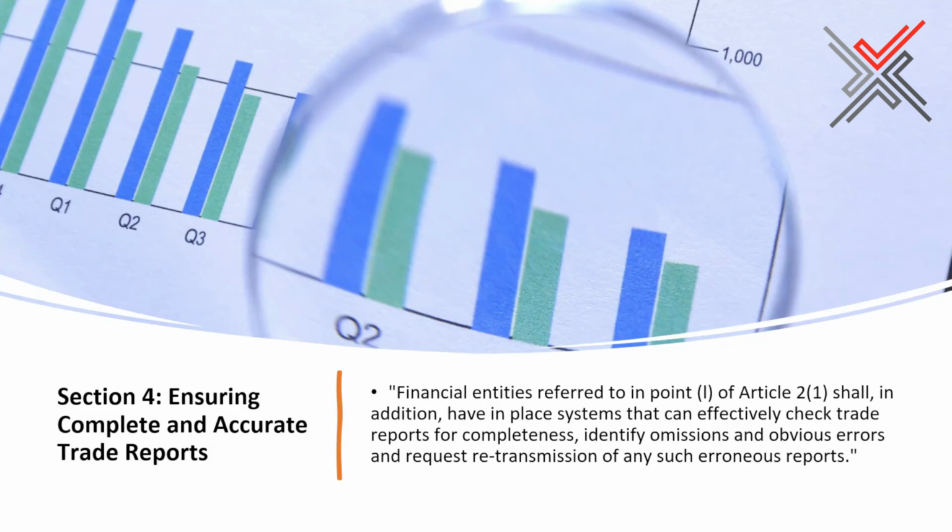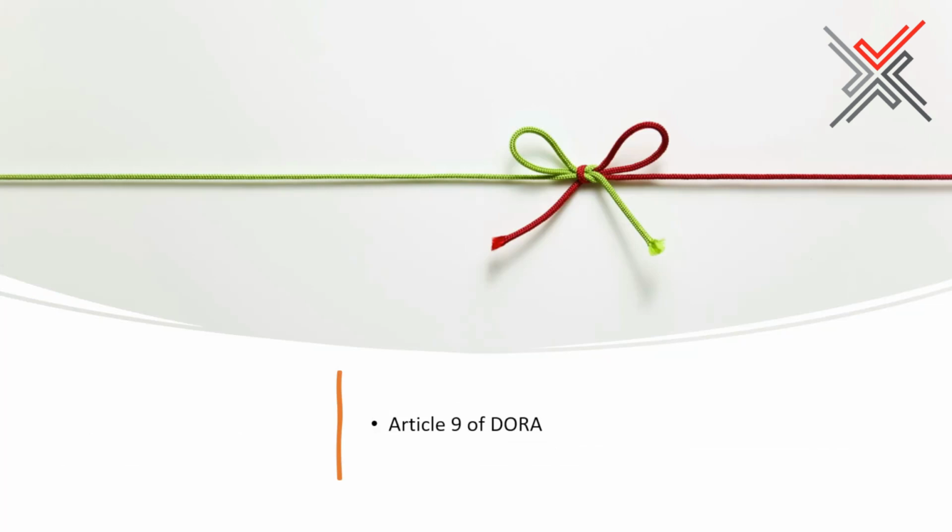So you need to ensure that the reports are correct, complete and accurate. So this Article 9 is all about creating a vigilant and robust system to detect and respond to security incidents.